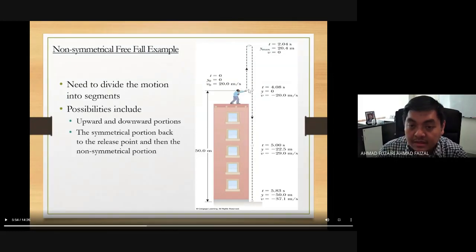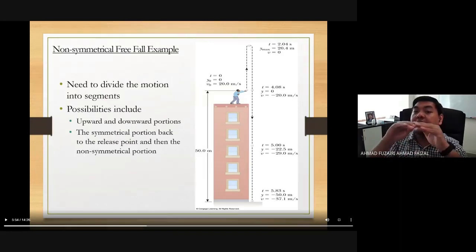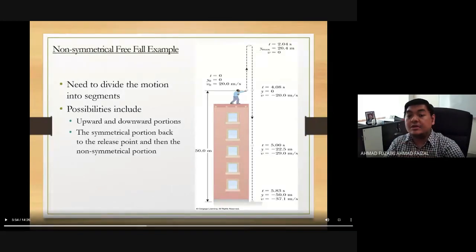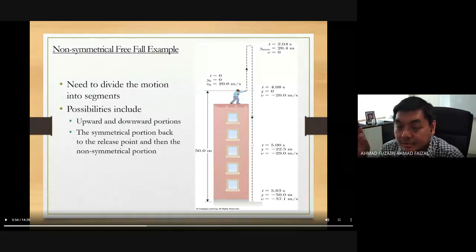Okay, when the ball reaches the maximum height, what is important is v, the final velocity, which should be equivalent to 0. So when you calculate the time taken for the ball to reach its maximum height, make sure you put v equals 0.